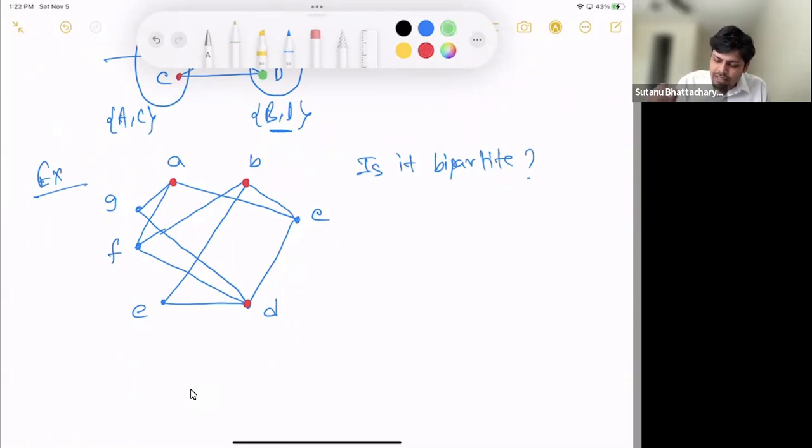So now let's use green color for C. We can also use the same green color for E, because C and E are not adjacent.